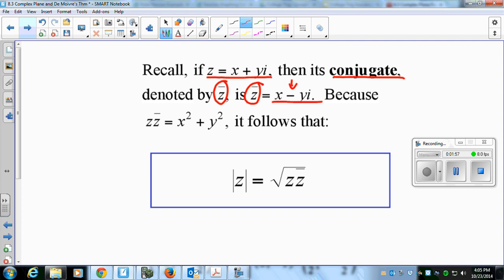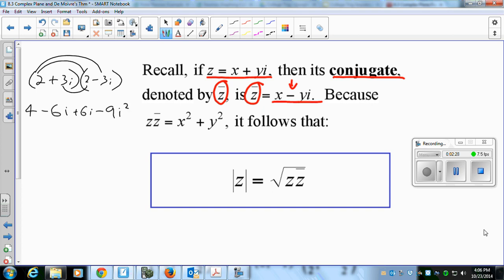So the nice thing about the conjugate, if you remember, is what happens when you multiply them together, so let's just look at an example. If I have 2 plus 3i, and the conjugate is 2 minus 3i, when I multiply these together and double distribute, I get 2 times 2 is 4, minus 6i, plus 6i, and then I get minus 9i squared.